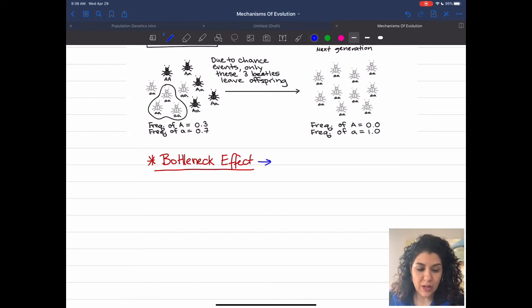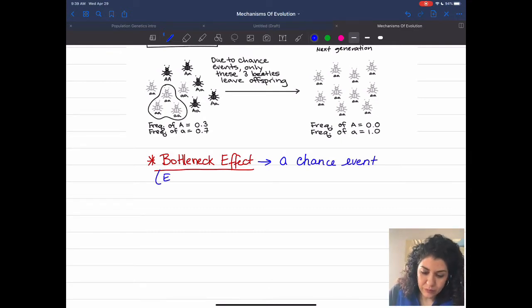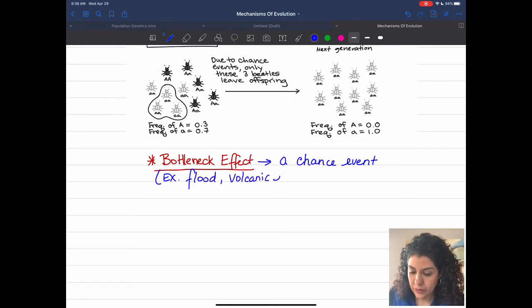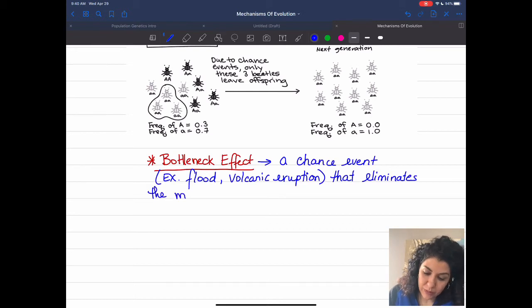This is when you're going to have a chance event, for example, a flood or a volcanic eruption, that is going to eliminate the majority of the population.